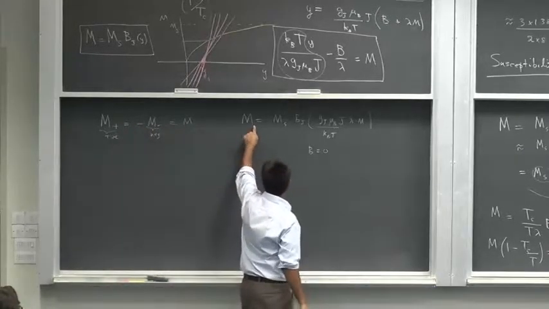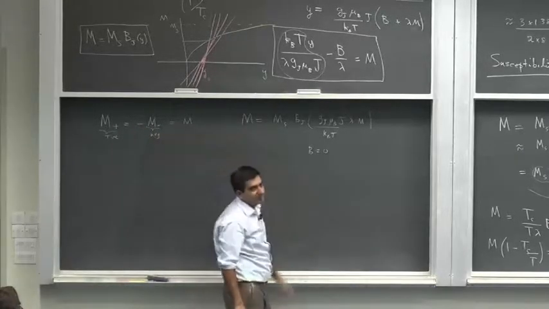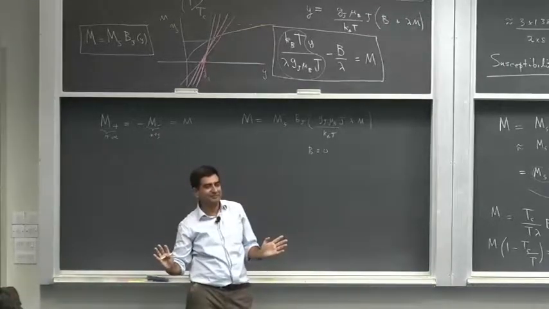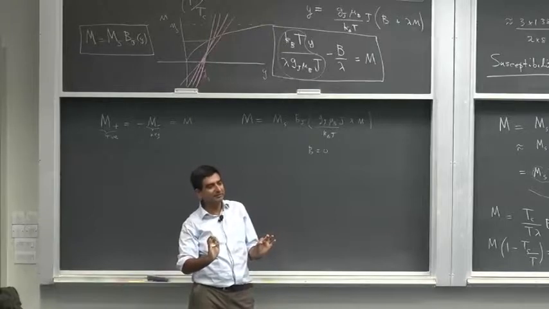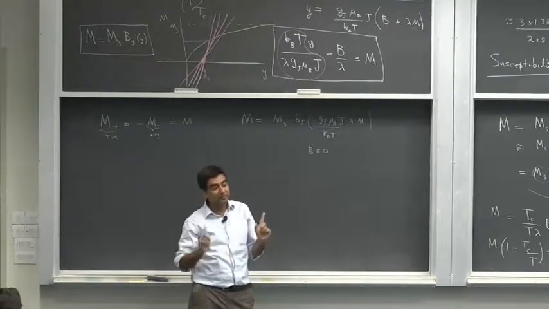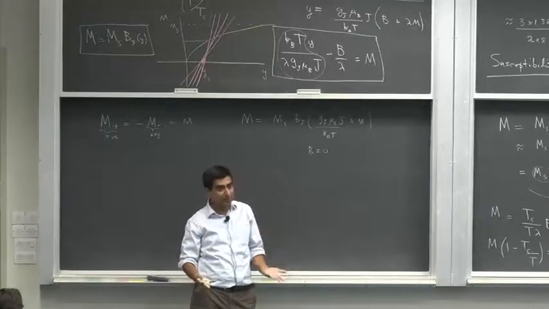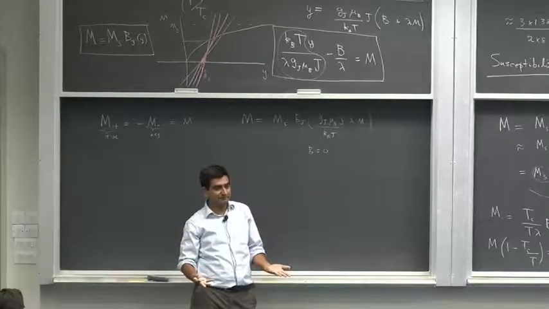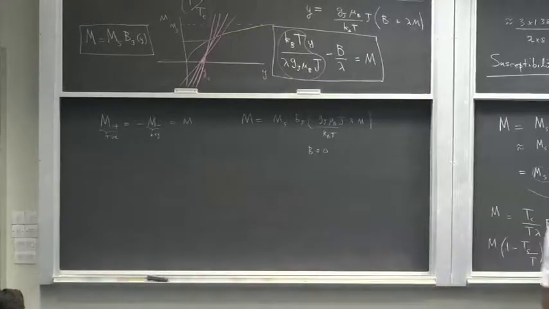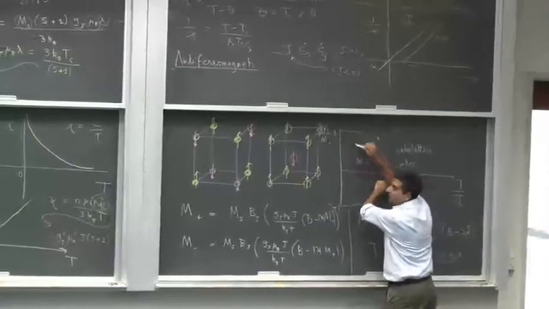So there's M plus here, but each M plus equals M. So each subdomain is behaving just like a ferromagnet. Each subdomain, whether it's the alpha or the beta subdomain, is behaving like a perfect ferromagnet. If you look at these curves over here, this curve is for a perfect ferromagnet.